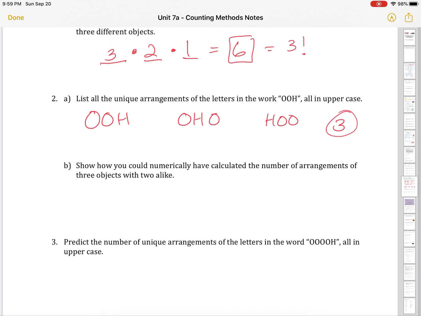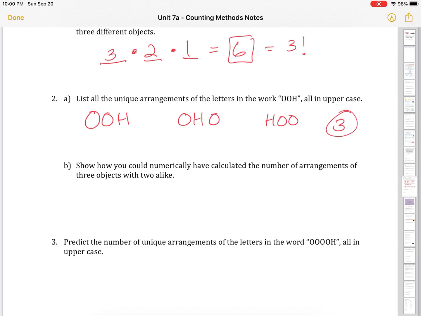Well, we're challenged a bit because we don't really have 3 choices in the beginning. We only have 2, an O or an H, but there are 3 different things that we can put there. So we're challenged when we're asked to numerically calculate it because of those having two O's. It's really difficult to numerically calculate those arrangements.